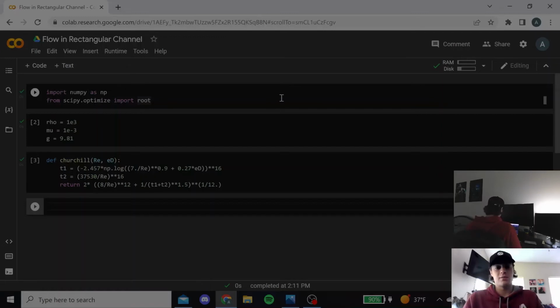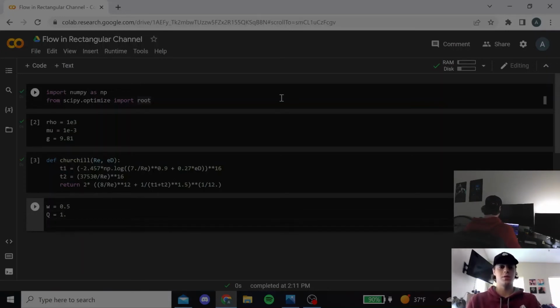The next step is to define our knowns. We're told that the width of the channel was 0.5 meters, the volumetric flow rate is 1 meter cubed per second, and theta is equal to 15 degrees.